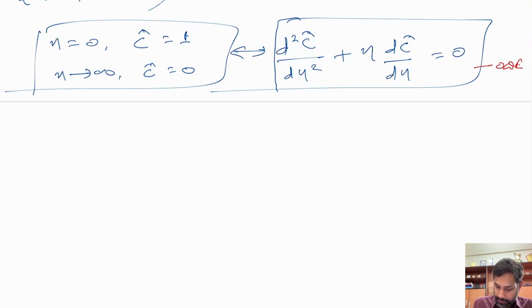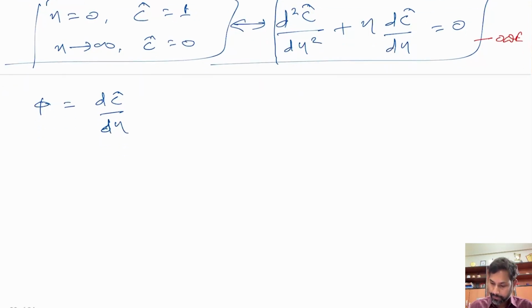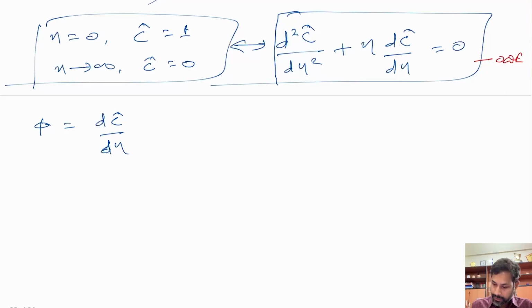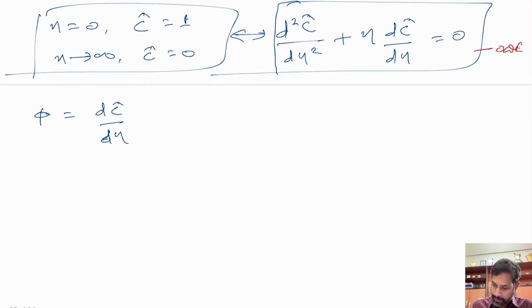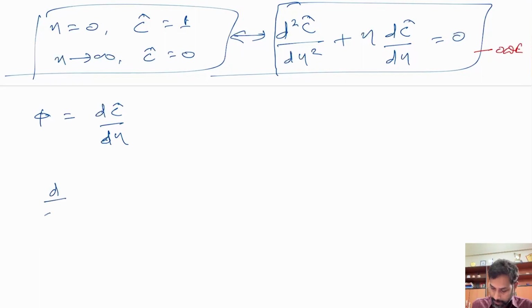To find a solution, we will define phi, which is basically dC by d eta. This is just a temporary variable which we will use back in the equation. This gives us the above equation in the form d by d eta of phi plus eta phi equal to 0.